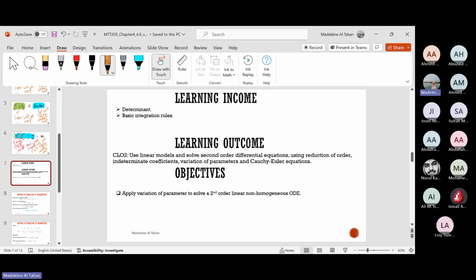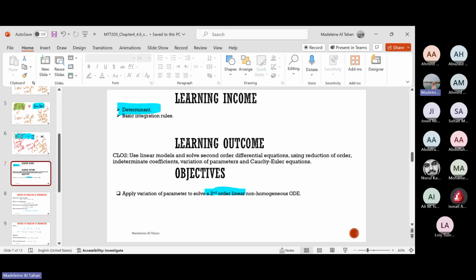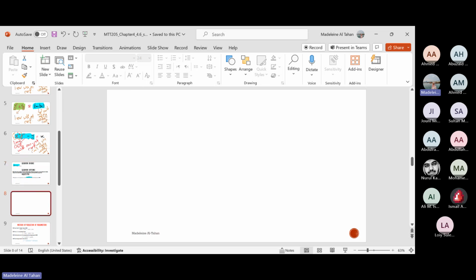Any questions before we start? Any questions, miss? No. We said here that we need the determinant, and because we have a second order differential equation, we basically need just the determinant of a 2 by 2 matrix. So we will recall together what's the determinant of a 2 by 2 matrix.